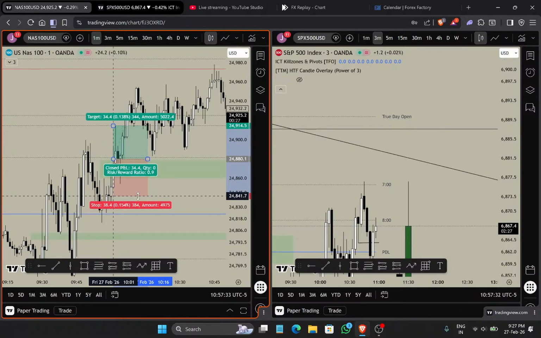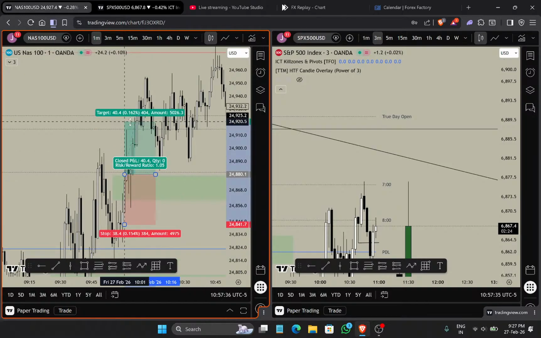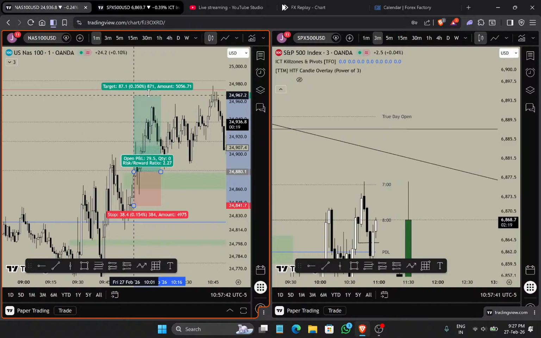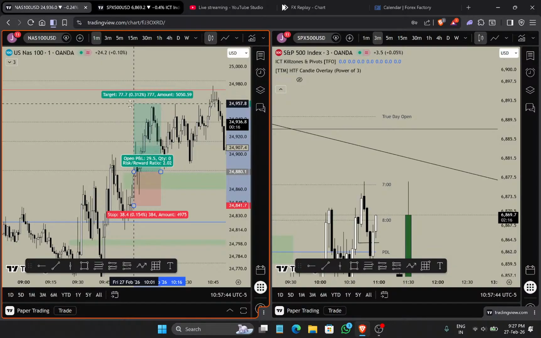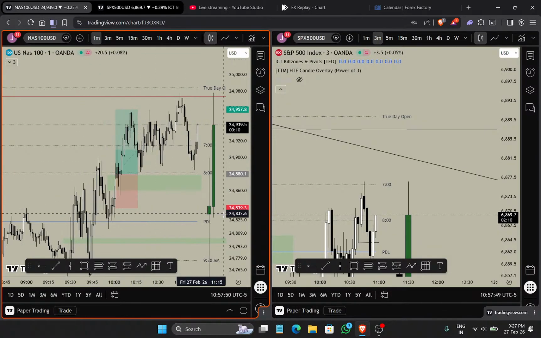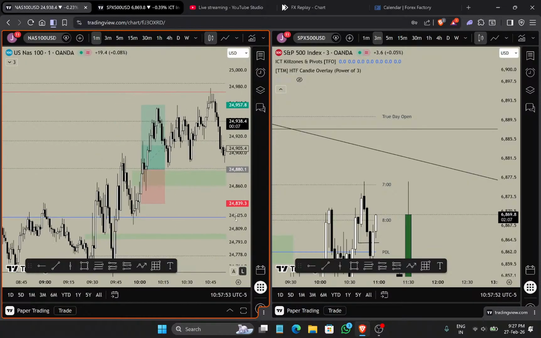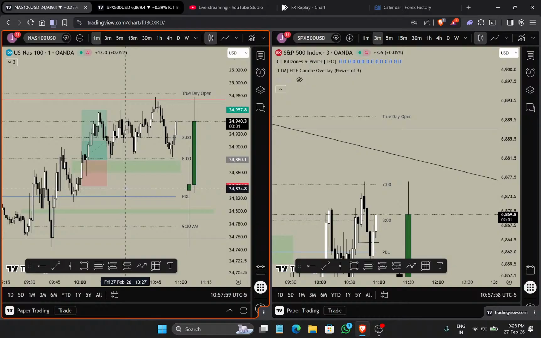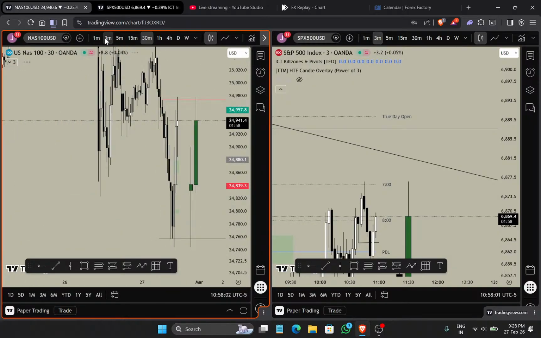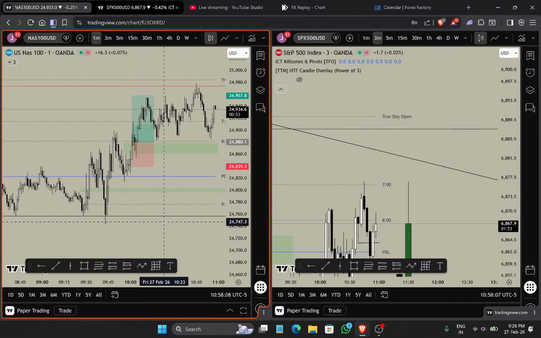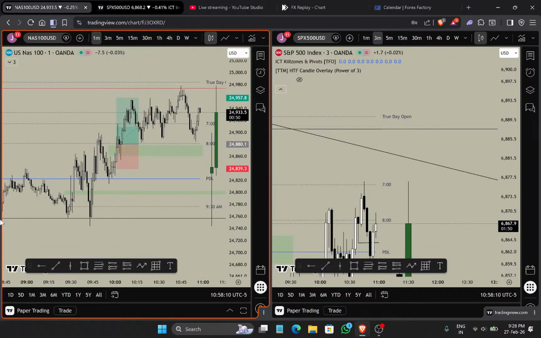So I want to try a one to one, but I was waiting for a one to two. It would happen eventually. And this was a break even for risking $20 here. That's right.